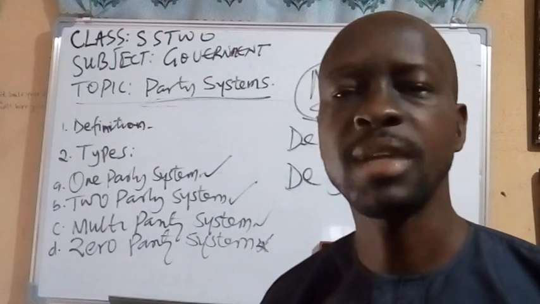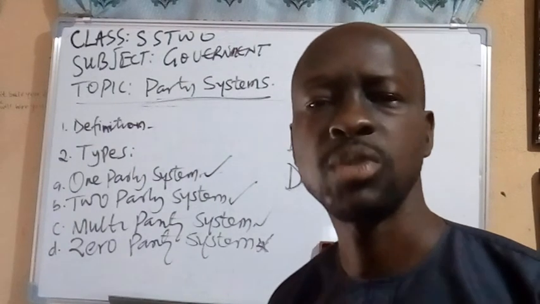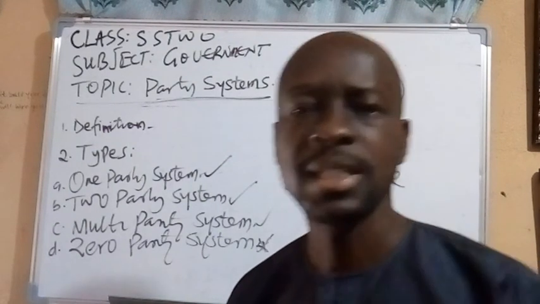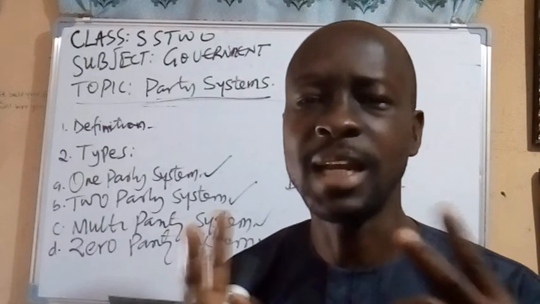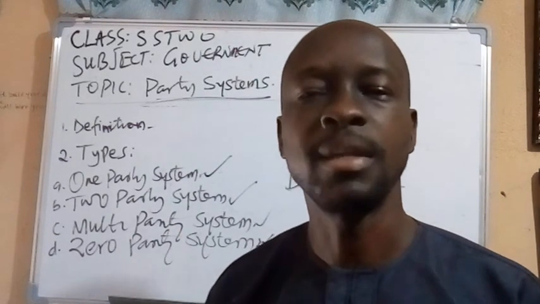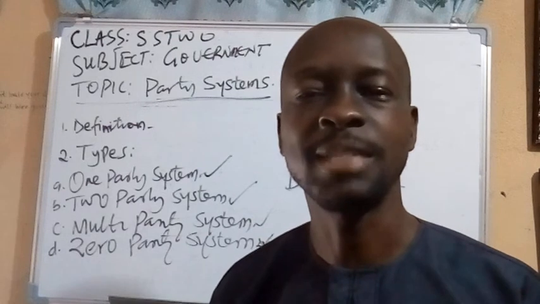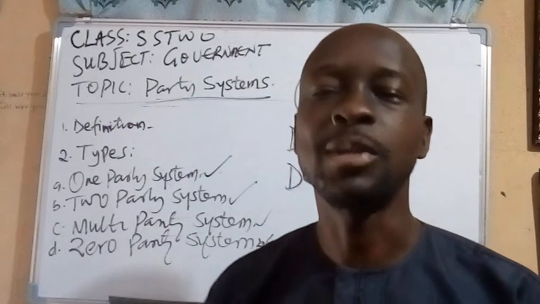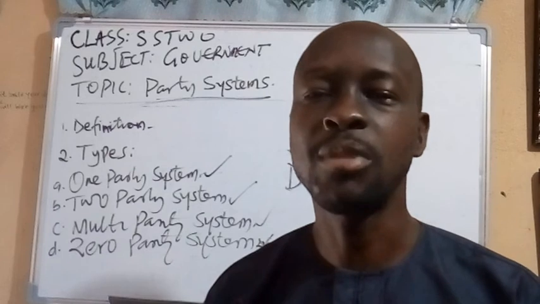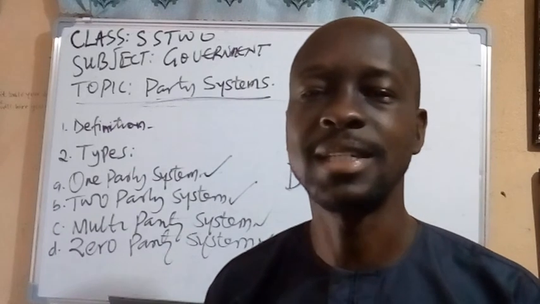Okay, I didn't give examples of where the two-party system is working. In the United States, there are two parties that are capable of winning elections. One is the Republican Party, the other is the Democratic Party. These two parties have been alternating power between themselves for more than 3, 4, or 5 decades.